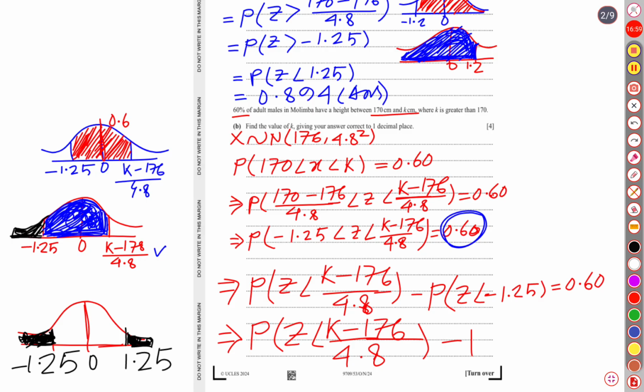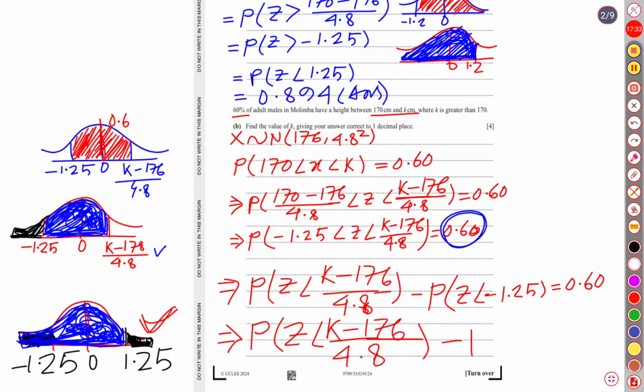Okay, so for these tiny parts, what will we do? From 1, suppose, let me now shade the whole of this. Look at this, we require the right side. So if we subtract the left part, when the z-score is 1.25, then from 1, if we subtract the left part, we will get this tiny right part.